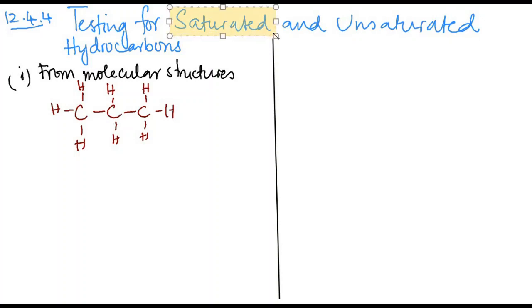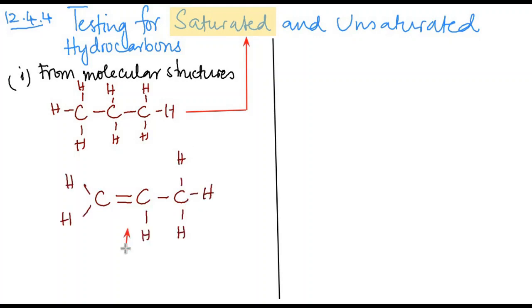So a saturated compound will be a compound having all bonds single. On the other hand, if we look at a molecule and that molecule shows the presence of a double covalent bond, this indicates that the compound is unsaturated.